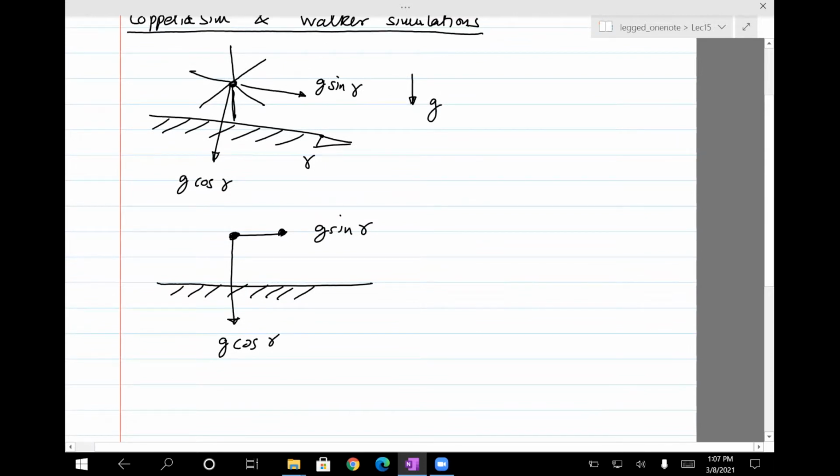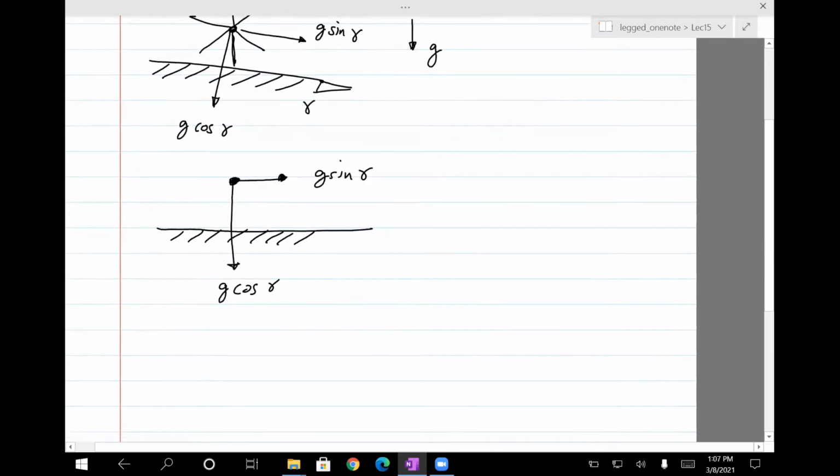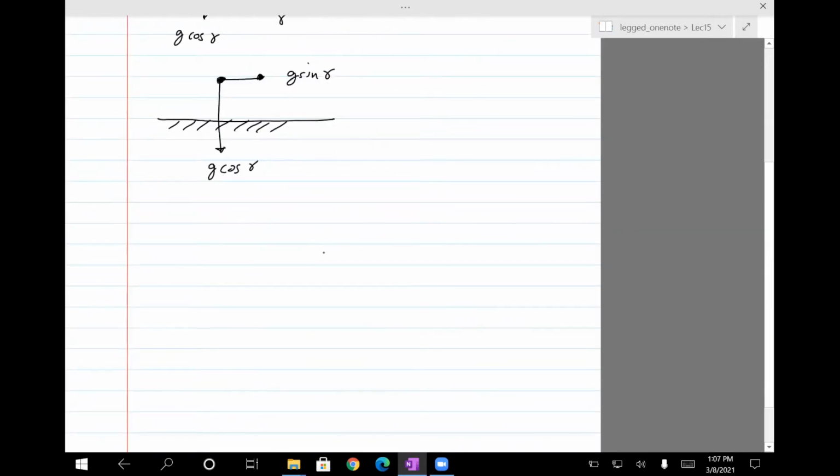But in CoppeliaSim, there is a gravity assigned to the system. If we can tweak that gravity such that it points this way, we can get that rimless wheel, which, if you remember, was on a boom and went in a circle.